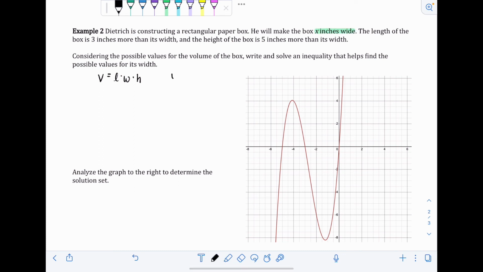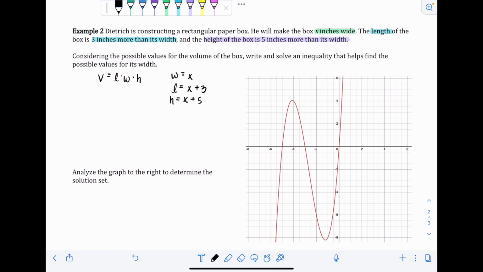So our width is going to be X, and then the length is 3 inches more than its width. So for length, we would do X plus 3 for 3 inches more than the width. And then the height is 5 inches more than its width. So for the height, we would do X plus 5.